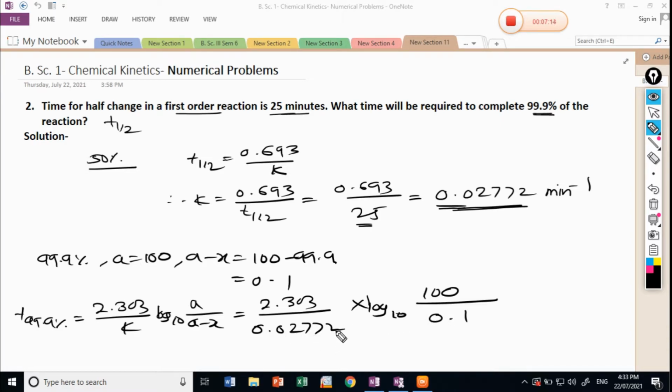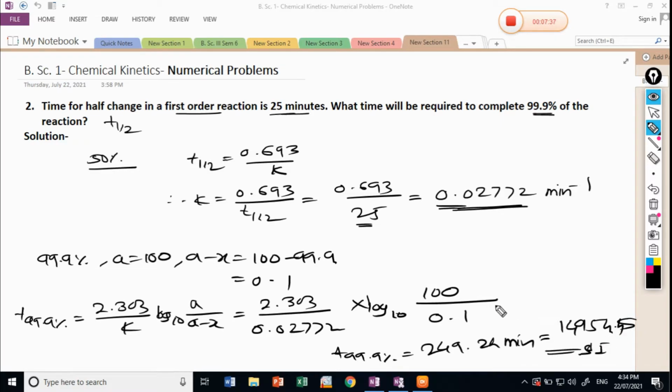If you solve this, you will get t 99.9% is equal to 249.24 minutes, which is equal to 14,954.4 seconds in SI unit.